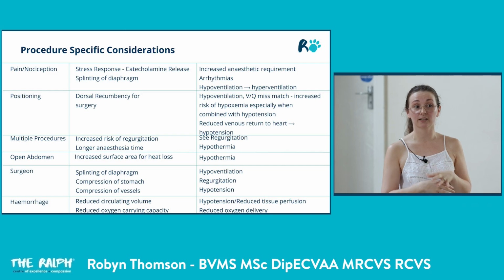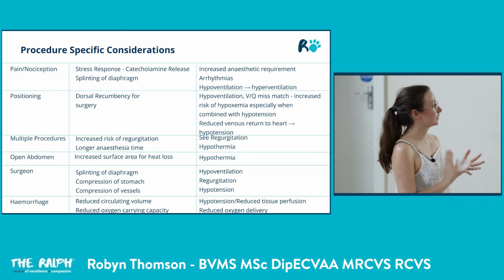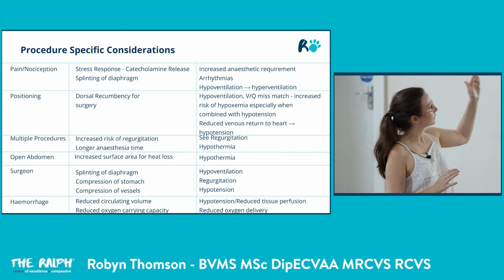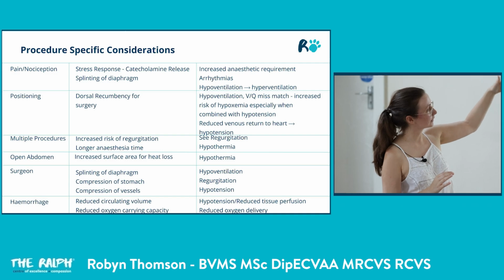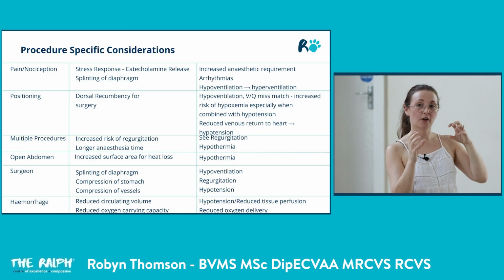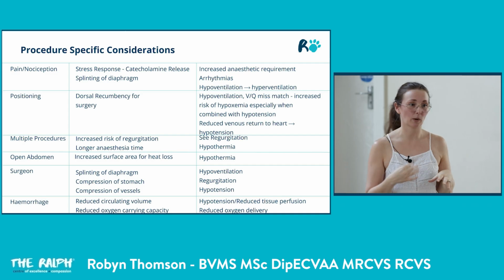So basically what we're doing is, the longer we take to do stuff, the more likely complications are to occur. Open abdomen, so the hypothermia, again, everything we've already sort of talked about here. But what you can see is we're starting to have things that are being mentioned multiple times that are going to be the things that we now need to plan for because they're really likely to happen.